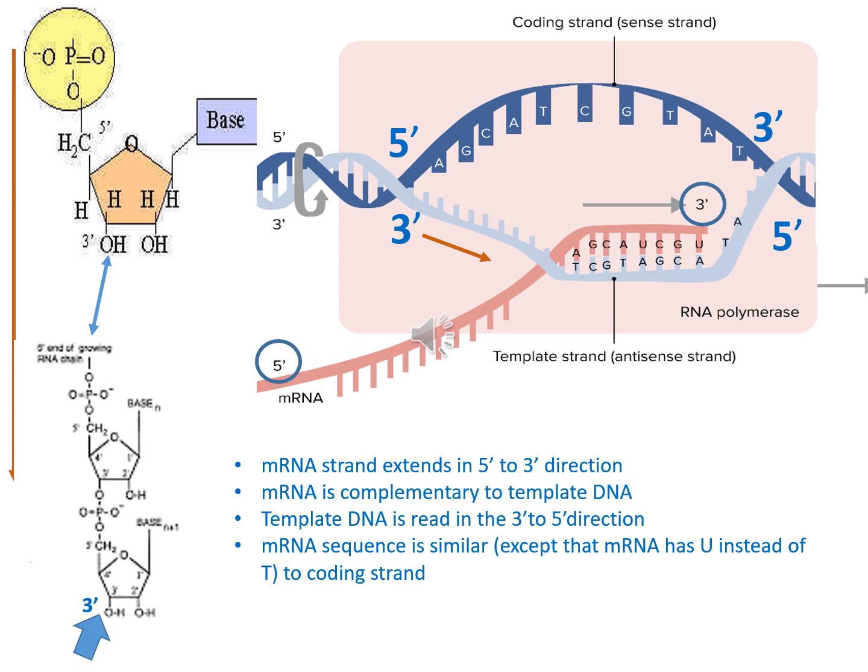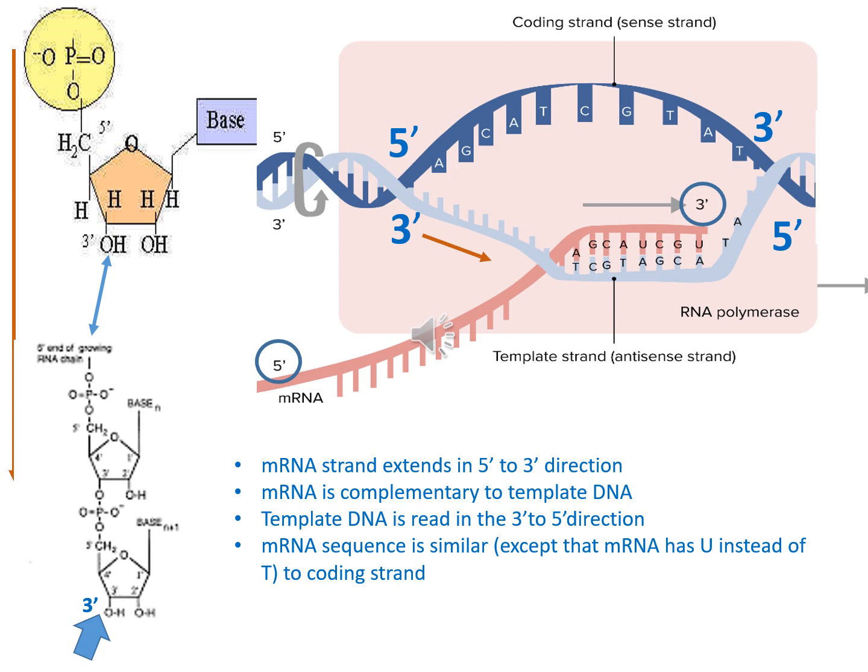So if you look at the ribonucleotide, there is an OH group on the third carbon and a phosphate group on the fifth carbon. So how does this mRNA strand extend? New nucleotides are added to this 3' OH.